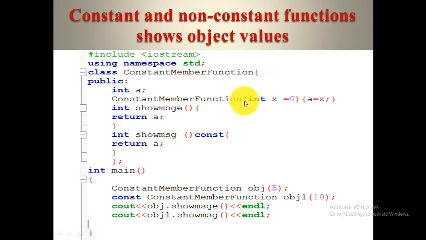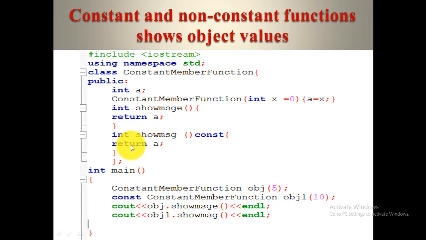So it is a parameterized constructor in which we pass one value, and we initialize it with 0, and whatever value we pass in x must be saved in variable a, that is this a. After that we created a function. This is a simple function show message which returns the value of a.